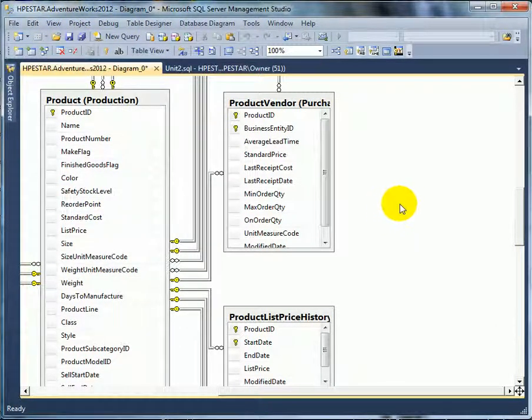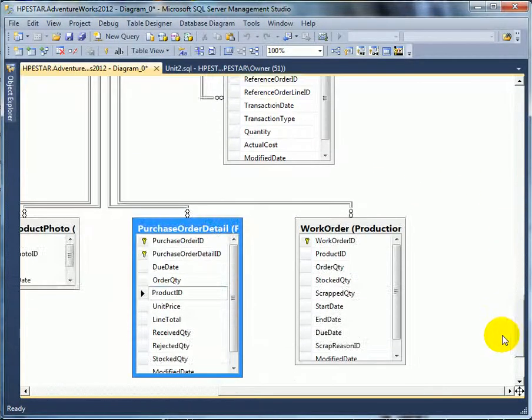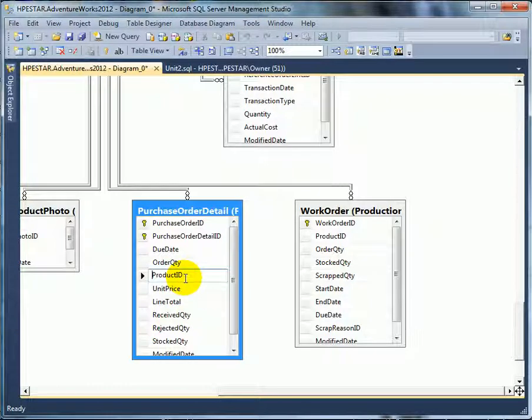Why we have to do this is to pull data together from all the related tables. So for example, we may need only product name from here to make the data more meaningful when we are looking at purchase order detail, because instead of product ID in a report, the user, or actually in today's terms we are calling the business intelligence consumer, wants to see the product name itself, not a product ID. A product ID is a meaningless number in this instance.